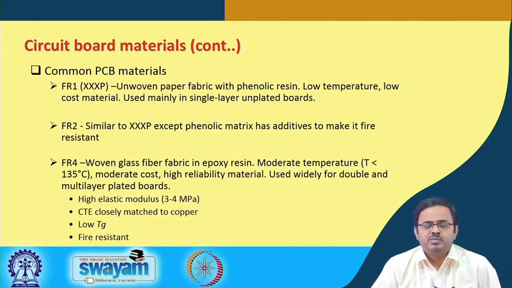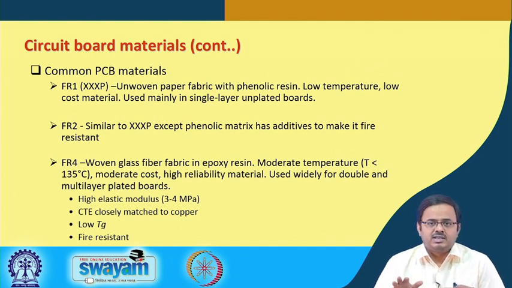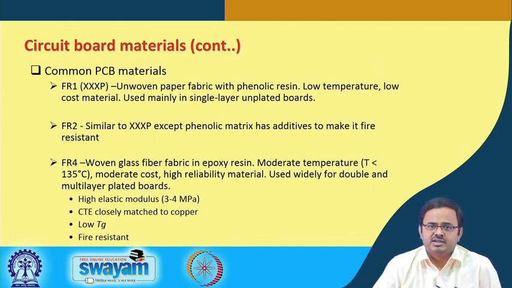So, what are the common circuit board materials? So, we talked about the glass, and then it goes into this polymer, and finally, what you get, these are named in terms of, the nomenclature is something called FR followed by a number. So, FR stands for fire resistant or fire retardant, I think one of the two.